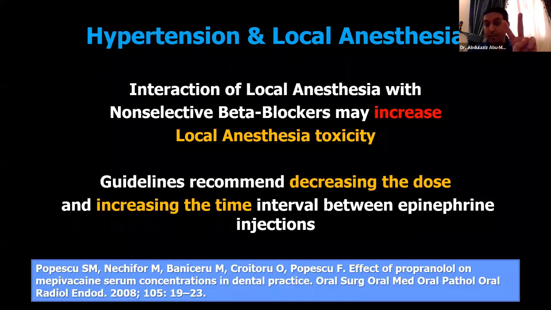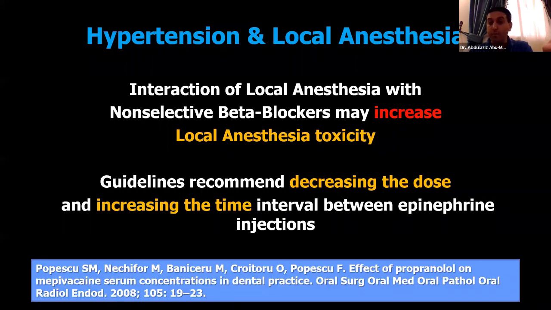That means the maximum is 2 injections. If you're going with 1 to 2,000, it might go to 4 injections. I will talk in detail about how you can measure these things. So local anesthesia, yes, you can go with a maximum of 2 if it's the regular one, which means 0.04 milligram.